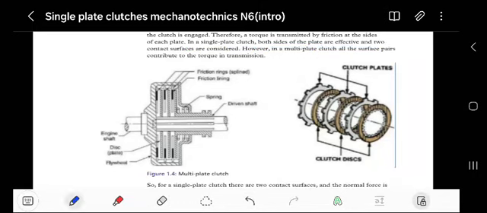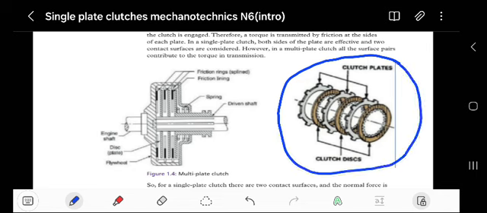As you can see, this one is a multiple clash. Why? Here you have clash plates, 1, 2, 3, and we also have clash discs, 1, 2, 3.